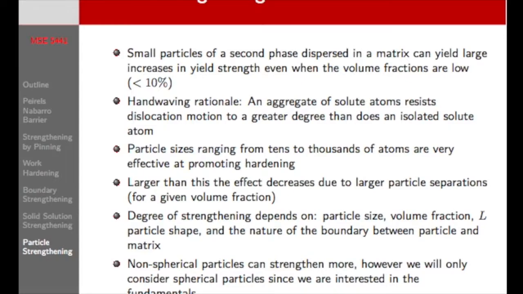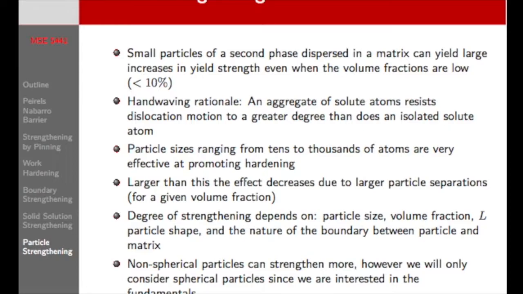Okay. So basically, the general ideas are, if I've got a dislocation that interacts with a particle, right? The degree of interaction is going to depend on a lot of things: the particle size, how big the particle is, the number of particles that I have, the separation between the particles, the shape of the particle, right? Needle-like particles are going to interact differently than small spherical particles. And the nature of the boundary between the particle and the matrix, right?